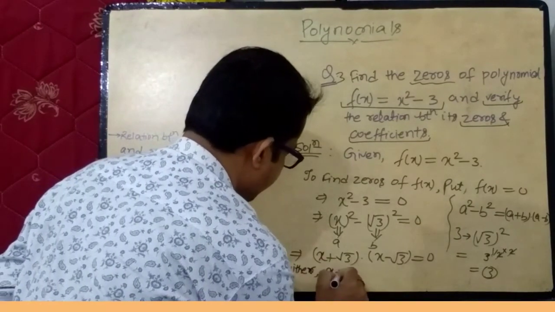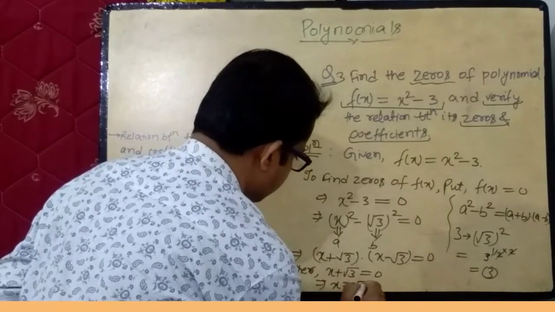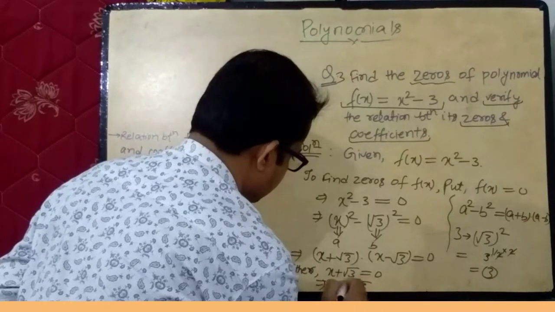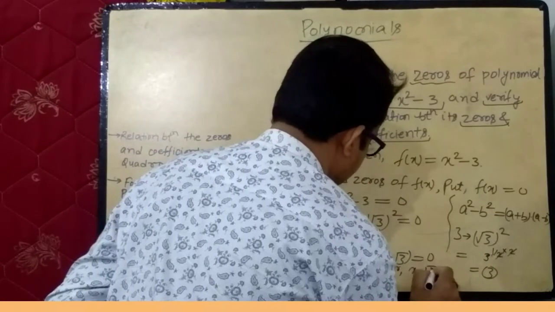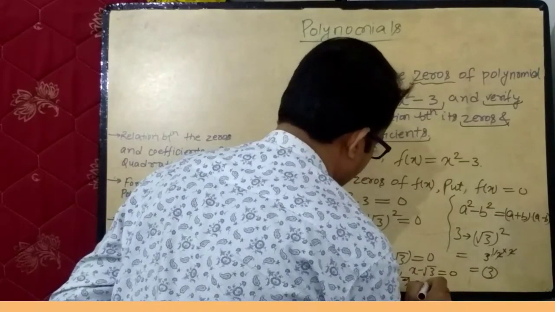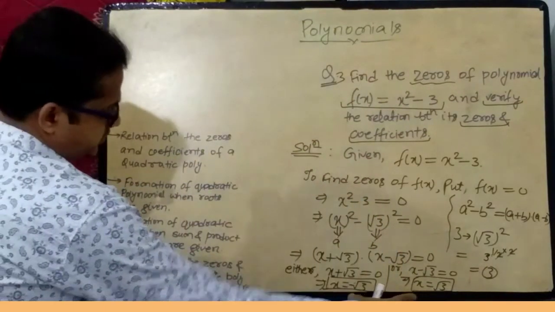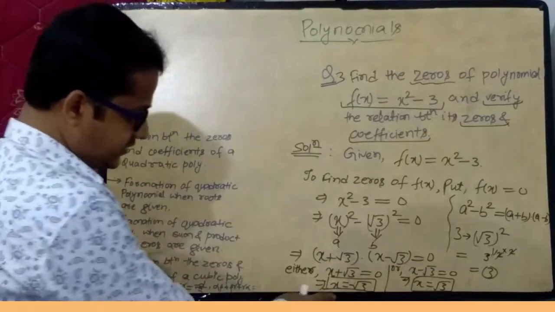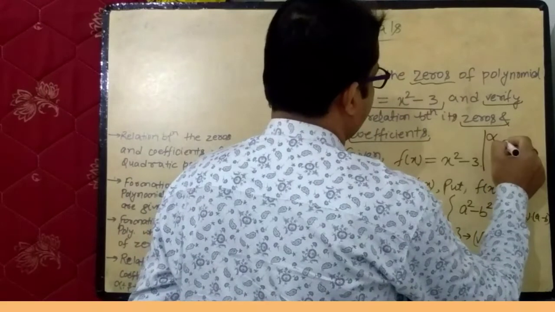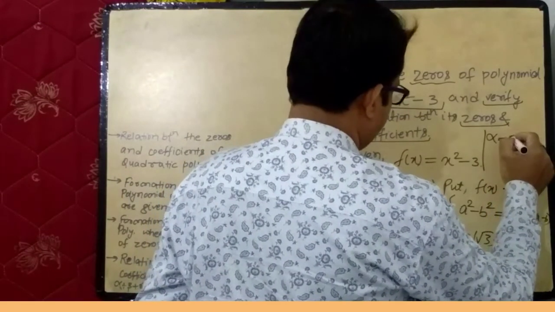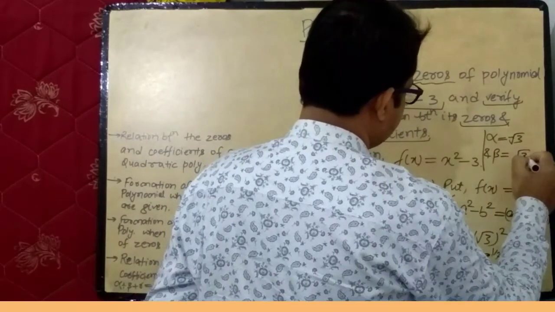Either x plus root 3 equals 0, then x equals minus root 3, or x minus root 3 equals 0, then x equals root 3. Any one of these two you can consider alpha and the other as beta. Here I am considering alpha equals minus root 3 and beta equals root 3.